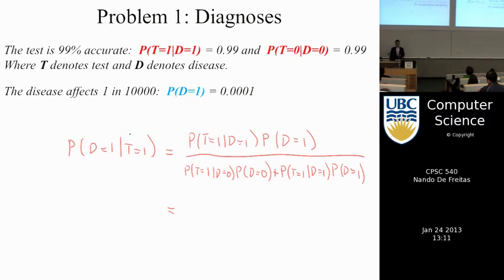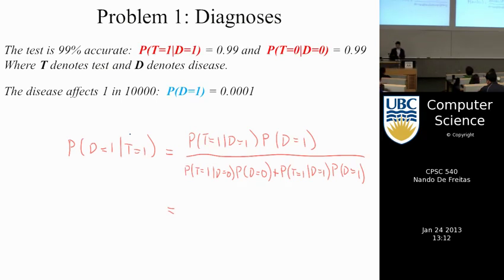In order to know whether you actually have a problem or not, we just apply Bayes' rule. Given the test is positive, what is the probability that I have the disease? The two sources of information I need to integrate are the probability of the disease in the population and the probability of the test being accurate.